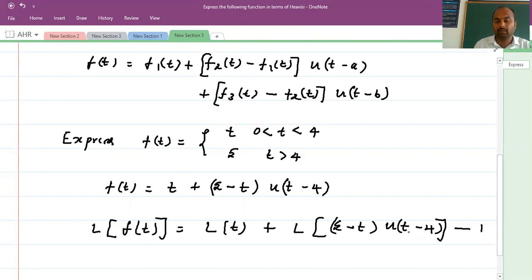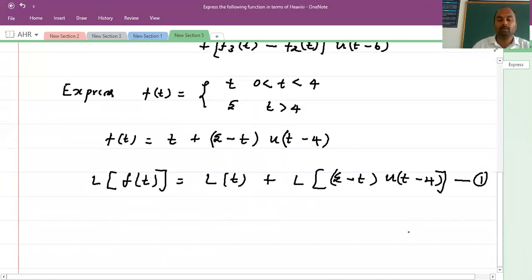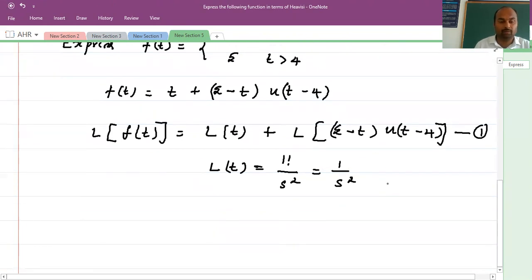Take it as equation 1. Now write down the Laplace transform of each term. On the right hand side we have two terms. Laplace transform of t will be 1 factorial by s to the power of 1 plus 1, that is 1 by s square. This is straightforward.